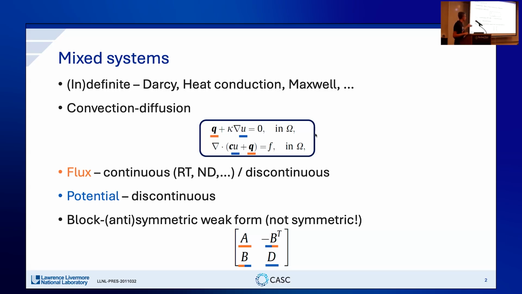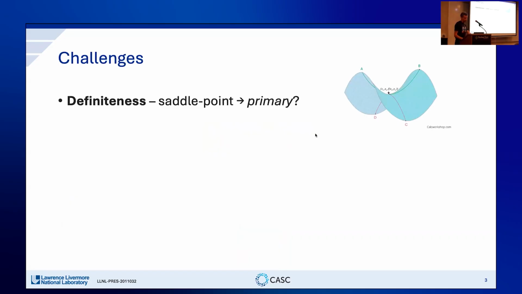What's also important, we assume some symmetry of the system on the block level, or antisymmetry, but that's not the same as saying that the system itself is symmetric. Actually, it's not in many important cases, due to the conductivity or due to the convective part. But to give you some introduction, what are the challenges here? One of them is definiteness of the problem.